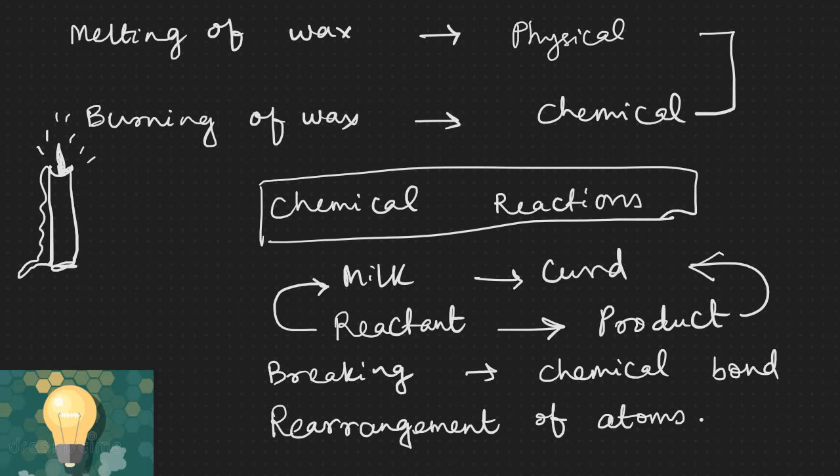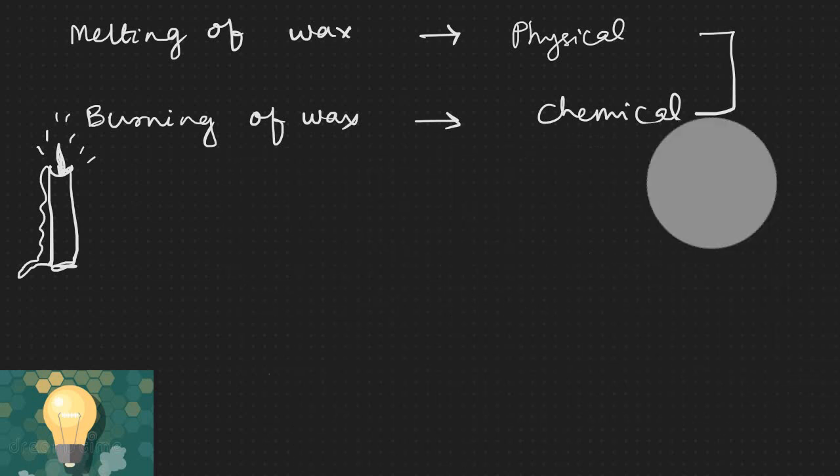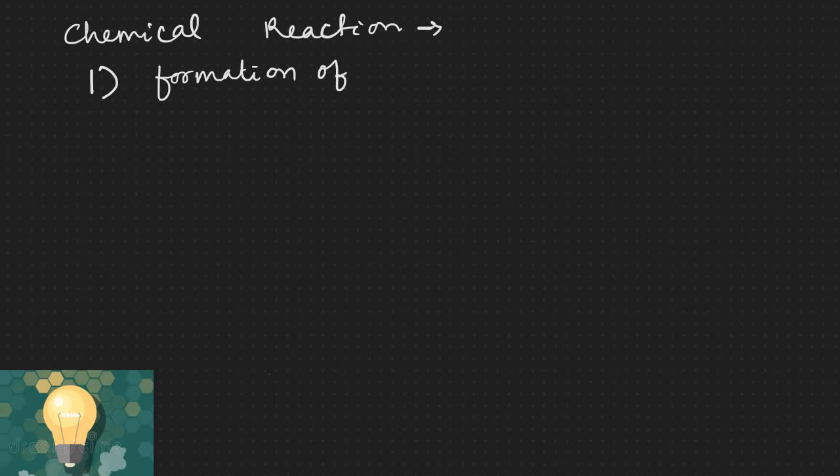That would be the last thing I will tell here, so that you will be clear about what a reactant is, what a product is, and how we can say chemical reactions are happening. Whenever a chemical reaction is happening, there are different things to keep in mind. One, there may be a formation of precipitate.